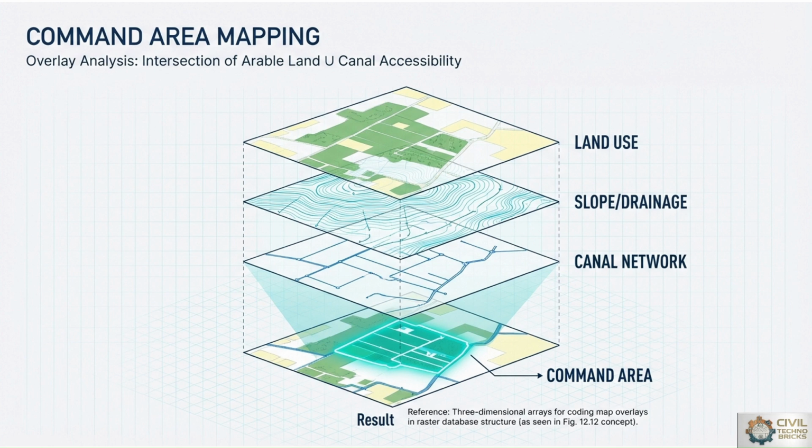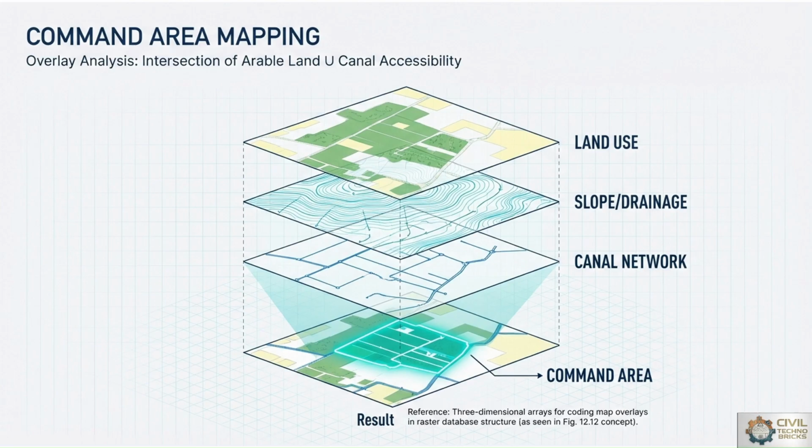Moving to command area mapping, command area means we have to utilize the existing resources for the sake of our objective, just like the water stored in a dam, and we have to use that stored water for irrigation purposes in the nearby area or in the downstream area.